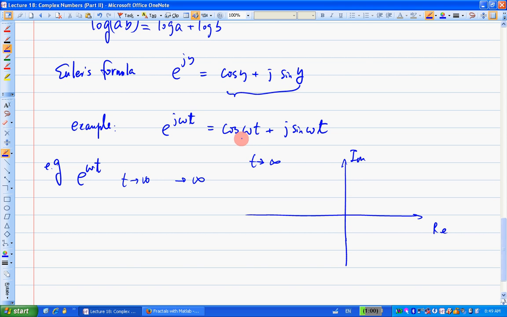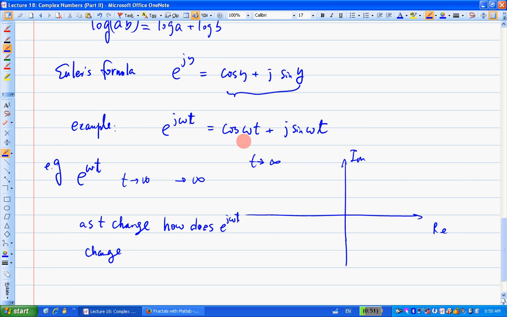Let's look at how this complex number changes as t changes.